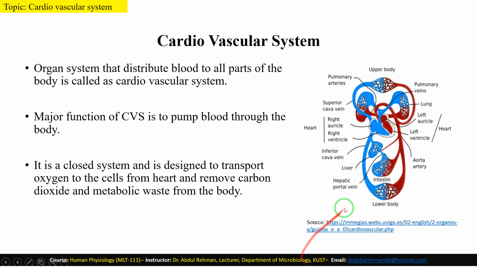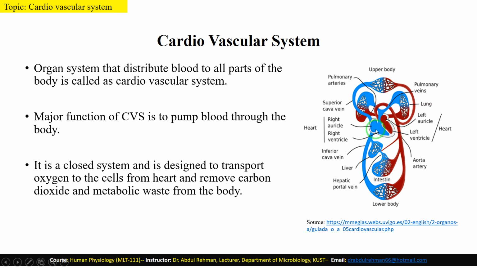Here you can see this is the cardiovascular system. The main principal organ is the heart. It has two sides, one is the right side and another one is the left side. Both sides contain atrium and ventricle.